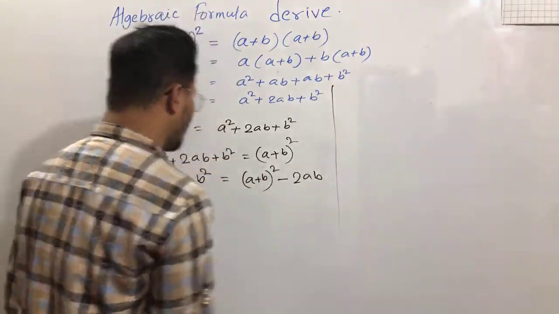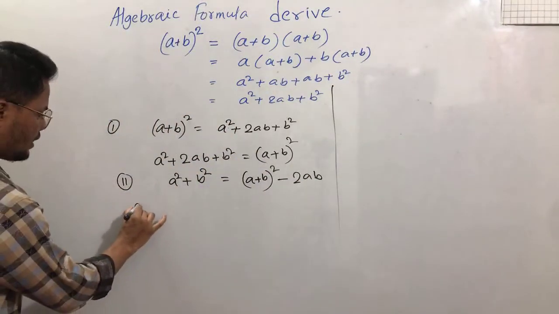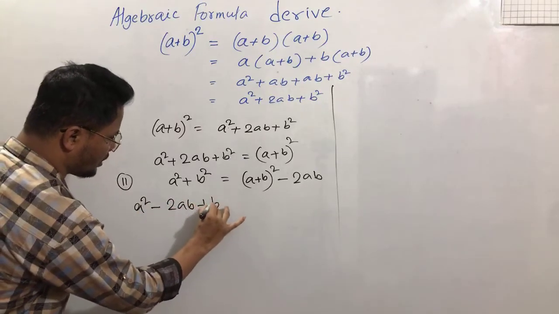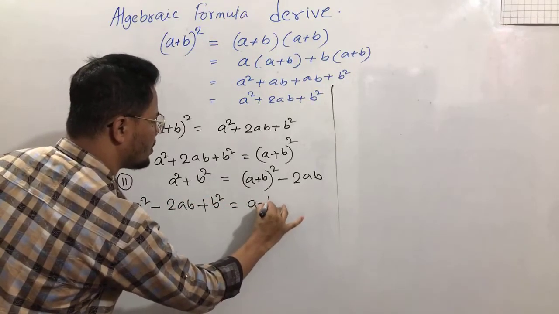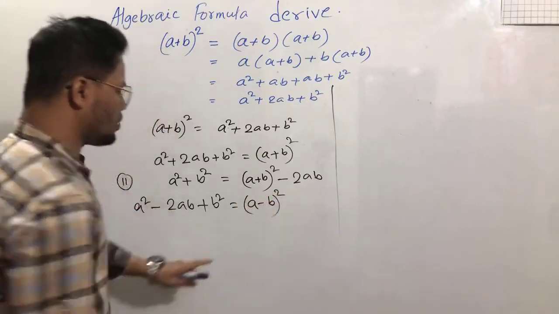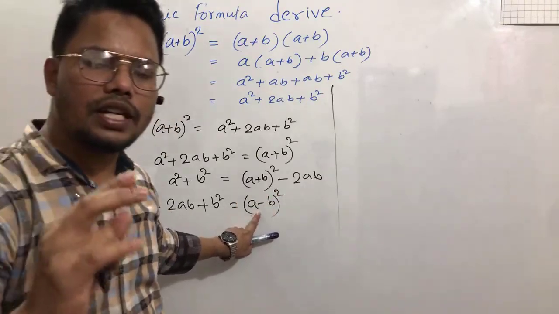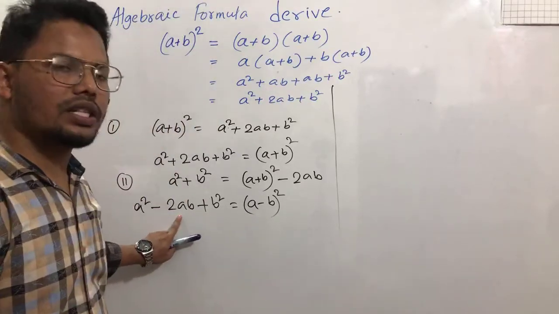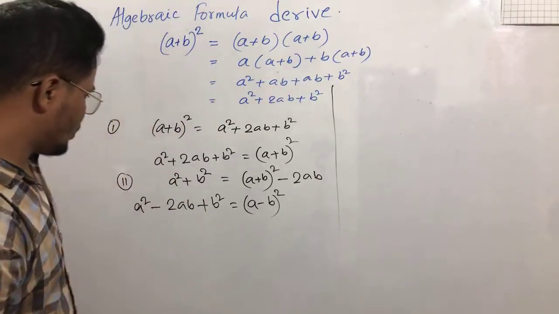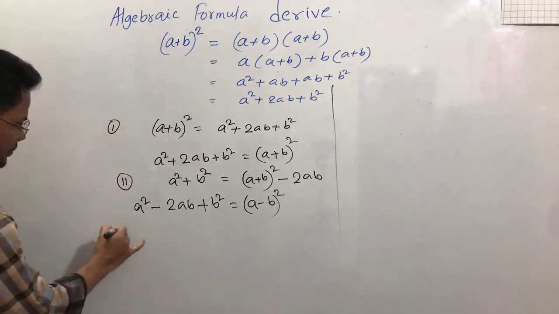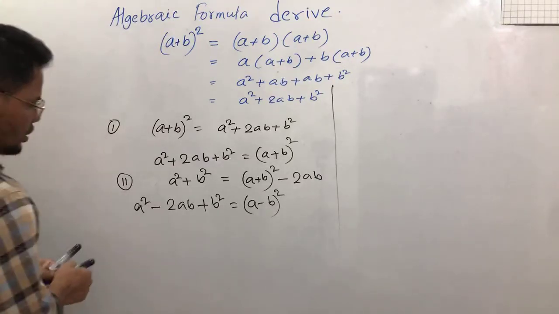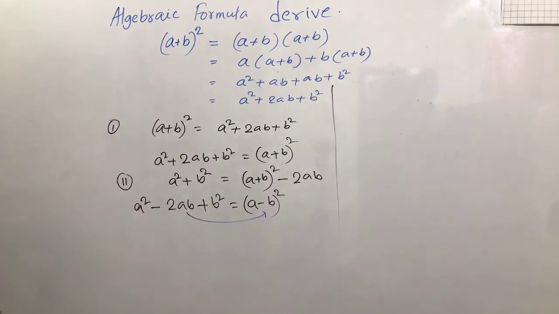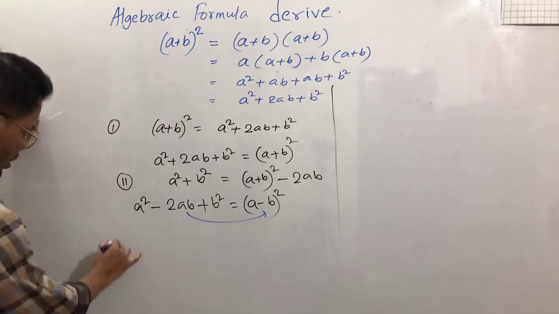Similarly, if we start here, a square minus twice ab plus b square is equal to a minus b whole square, or you can derive this by multiplying a minus b with another a minus b, and the result will be a square minus twice ab plus b square. But if you now shift the minus twice ab from the left side to the right side, what will be here?